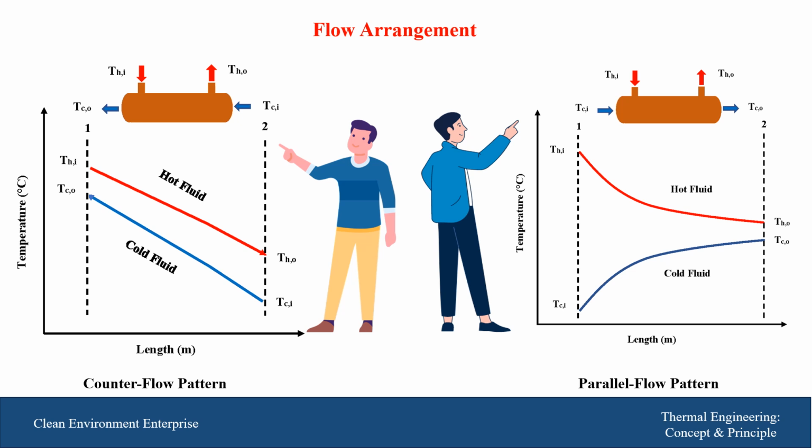Therefore, as they are passing through the heat exchanger, the flow is counter flow. And at the same time, when we talk about the other type, the fluids enter from the same end on the tube and shell sides, and they are leaving at the other end in the same direction. Therefore, these fluids, as they are passing through the heat exchanger, are following a parallel path.